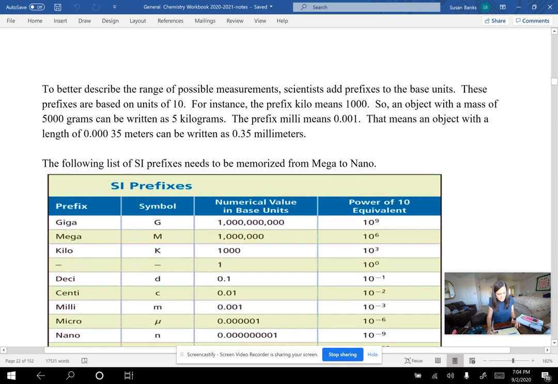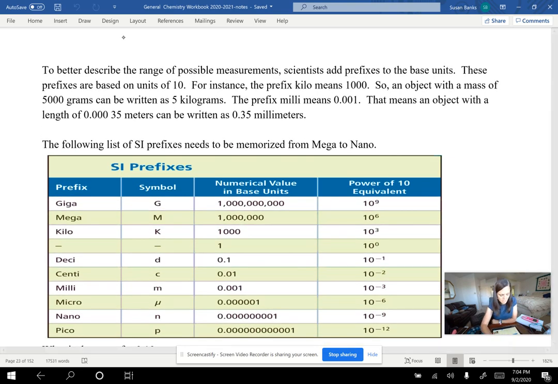For instance, right here, the prefix kilo means 1,000. So an object of 5,000 grams could also be written as 5 kilograms. So in other words, there are 1,000 of the base unit in 1 kilogram. Okay?